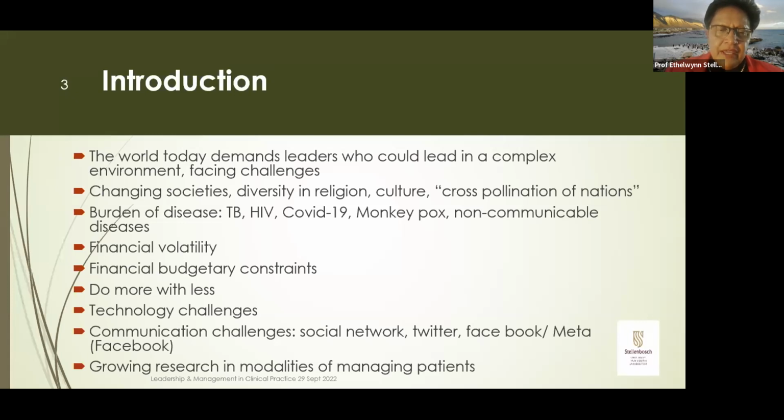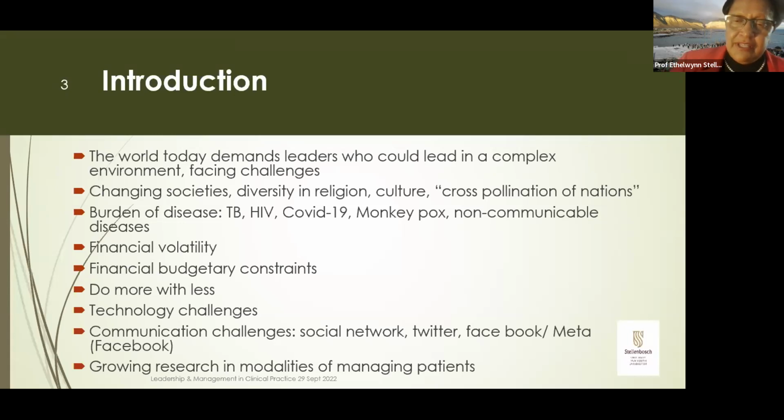Changing societies, the diversity in religion, culture, cross-pollination of nations, the burden of disease, and I mentioned a few here: TB, HIV, COVID-19, monkeypox, non-communicable diseases. The list just goes on. Every time there's something new that we have to deal with.